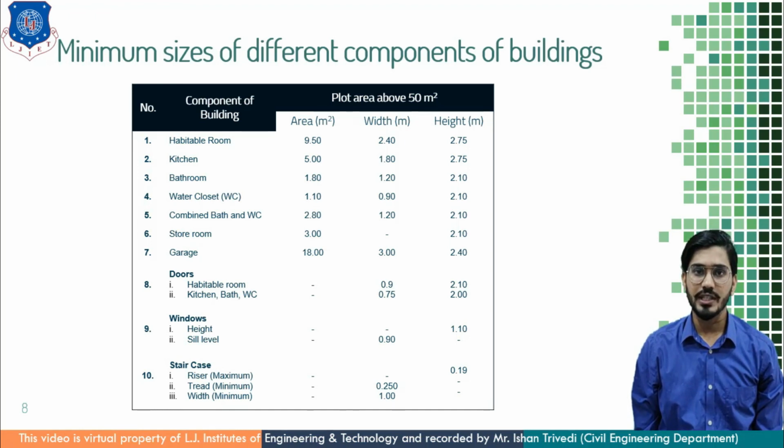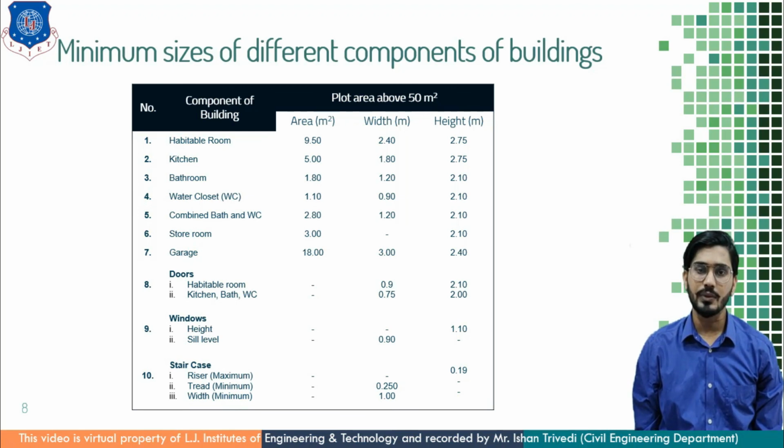For water closet, the minimum area is 1.1 square meters, where the width is 0.9 meter. Then if bath and WC are combined, the area has to be 2.8 square meters, the width is 1.2, whereas the height is 2.1 meter.